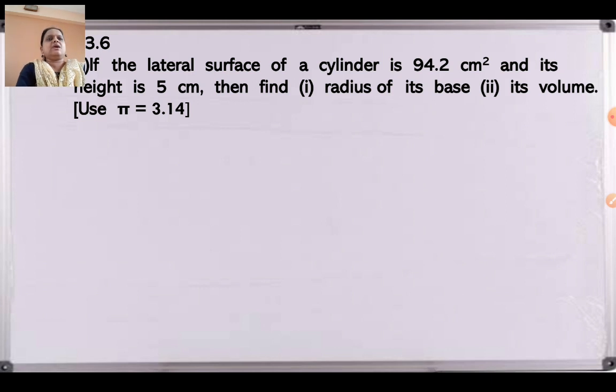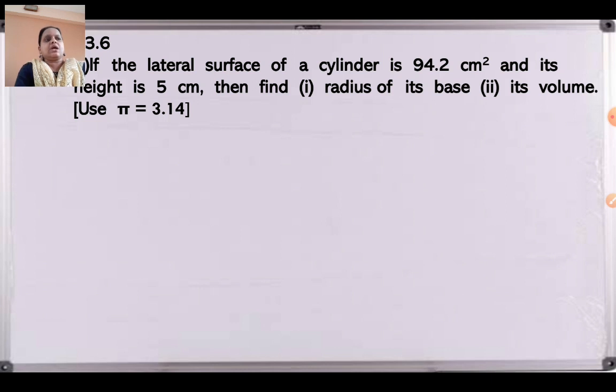Now what is given? A lateral surface area. Lateral surface area of cylinder is nothing but curved surface area. So do you remember what is the curved surface area formula? Yes, the curved surface formula is 2 pi r h. Correct? So in which the height is given as 5 centimeter and we have to use the pi value over here as 3.14.